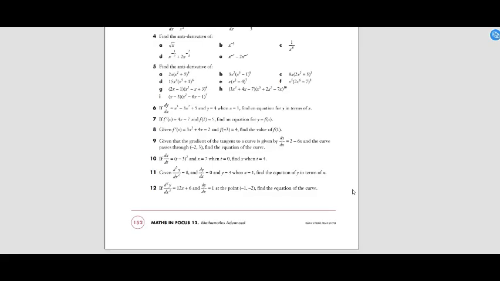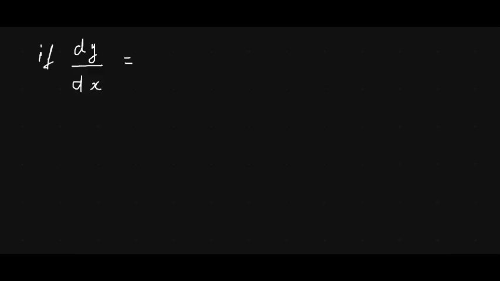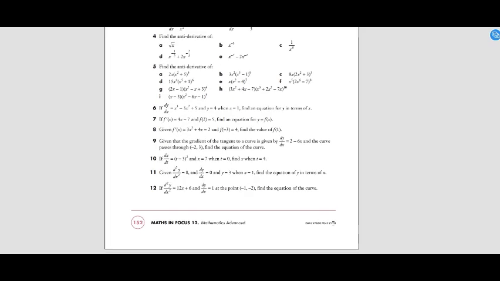If dy by dx equals, they're given an equation which is x cubed minus 3x squared plus 5. My memory is not that good today, so I just want to verify: x cubed minus 3x squared plus 5.